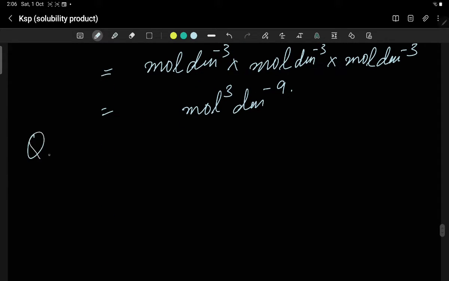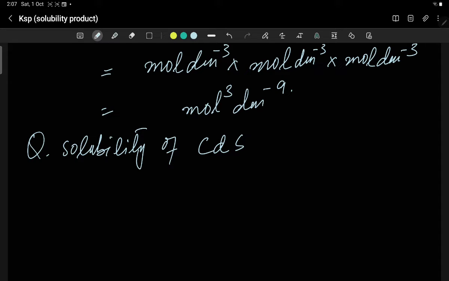So there is another question: calculate the solubility of CdS, cadmium sulfide, which is 1.46 × 10^-11 mole dm cube.